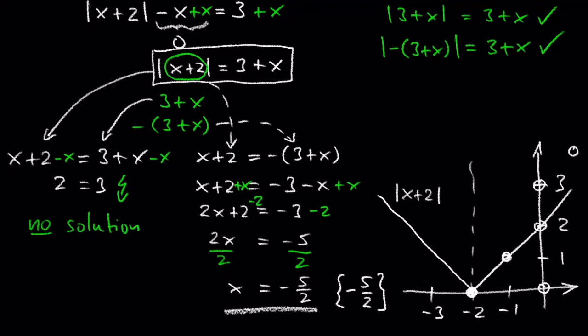If x is negative 2, 3 minus 2 is 1. We see that we have an intersection at negative 5/2, which is negative 2.5. And exactly our solution, which we found out with algebraic calculations.